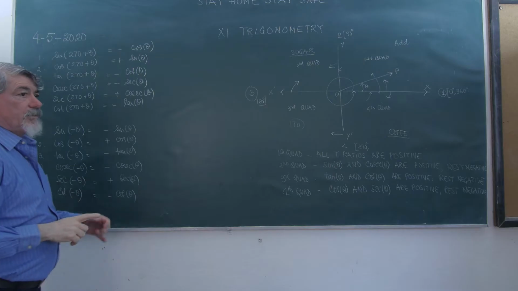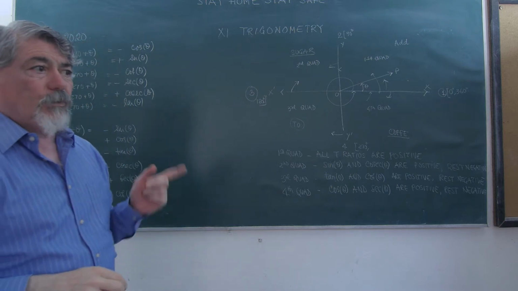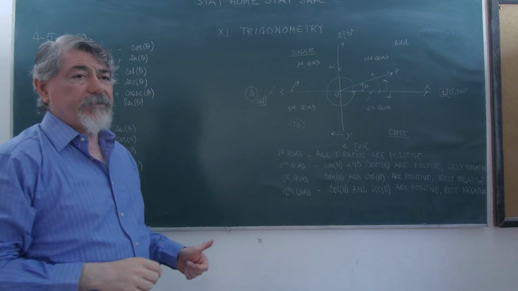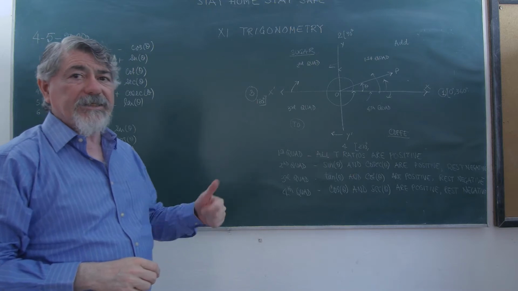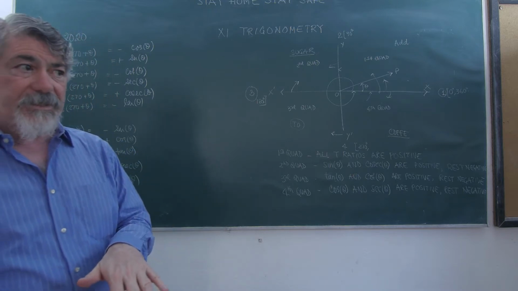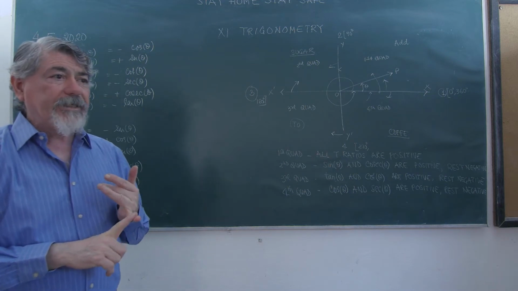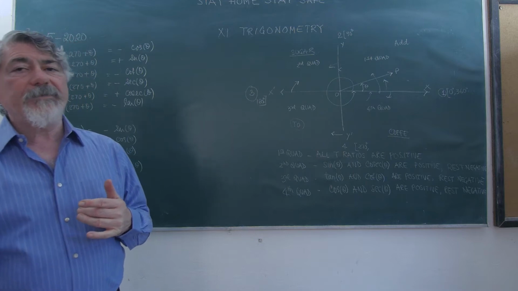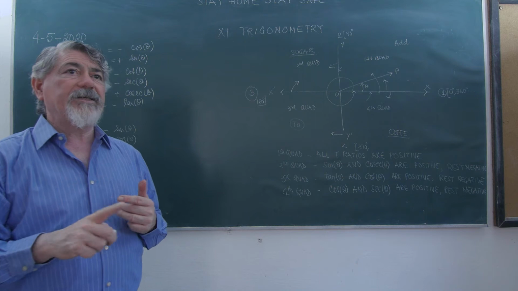So we discussed 90 plus theta, 90 minus theta, 180 plus theta, 180 minus theta. We discussed 270 minus theta, 270 plus theta, 360 minus theta, 360 plus theta. So as far as 180, 360 was concerned, sine remained sine only, cos remained cos, tan remained tan.